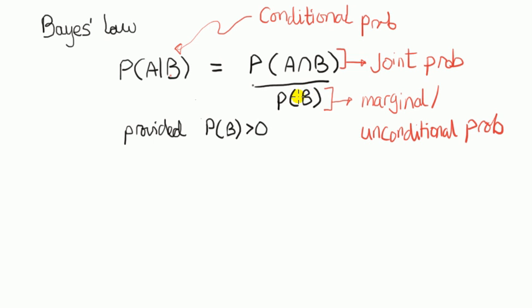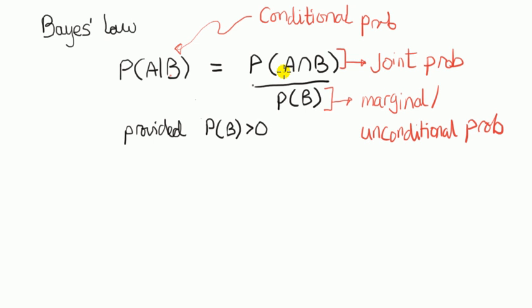The probability of B, we're interested in B occurring irrespective of whether A happens or not. So when we use the word marginal or unconditional probability, we are considering this event as one event of a subset of events. So Bayes' law links conditional probability to joint and to marginal.